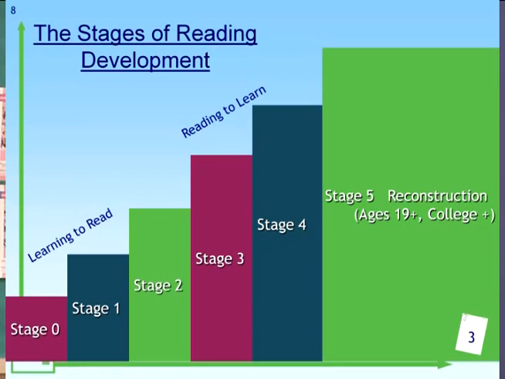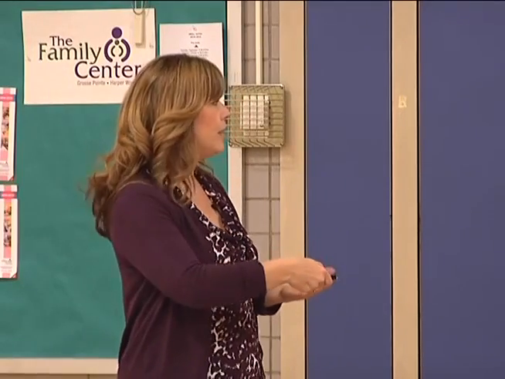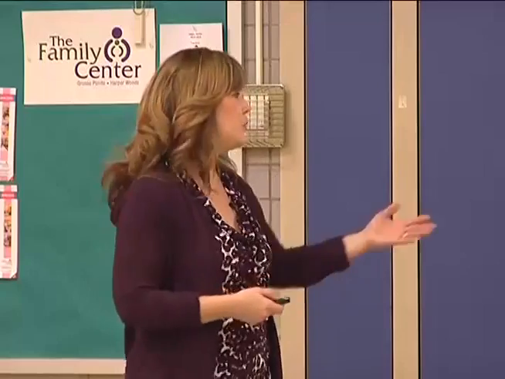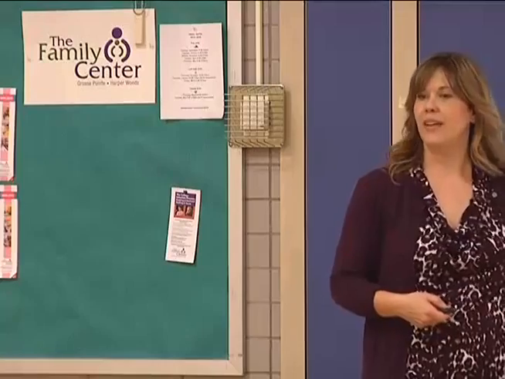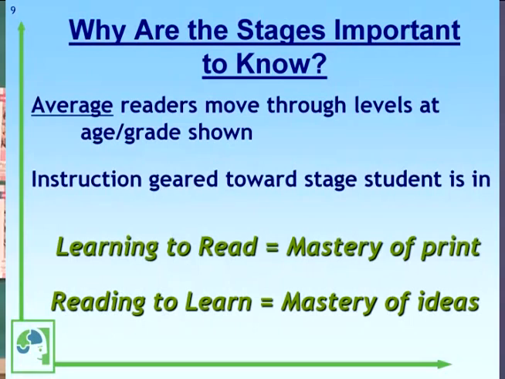You have stage 4, where they're starting to learn more about multiple viewpoints, which is typically high school level reading. And then you have college level reading, stage 5, Reconstruction Plus. So these last three stages are the ones we're primarily talking about when we talk about middle school and high school students. But as I said, if you have a middle school or high school student that is reading at a second grade reading ability, then we need to go back to the instruction of these earlier stages for that student.